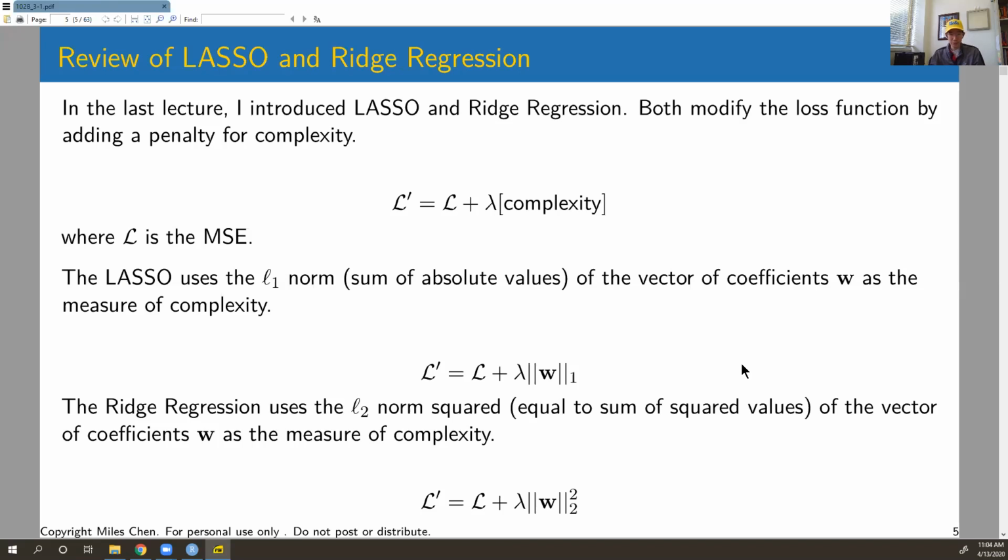Okay, and so quick review. I introduced LASSO and ridge regression, and both of these will use the vector of coefficients as some kind of measure of complexity. LASSO uses the absolute values of the vector of coefficients, so it takes the sum of the absolute values, and ridge regression takes the sum of the squared values as its measure of complexity.